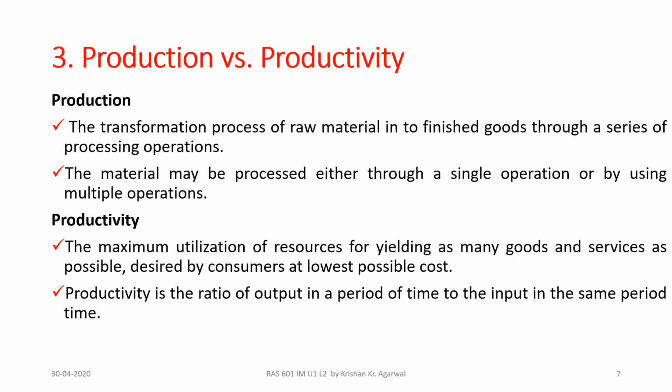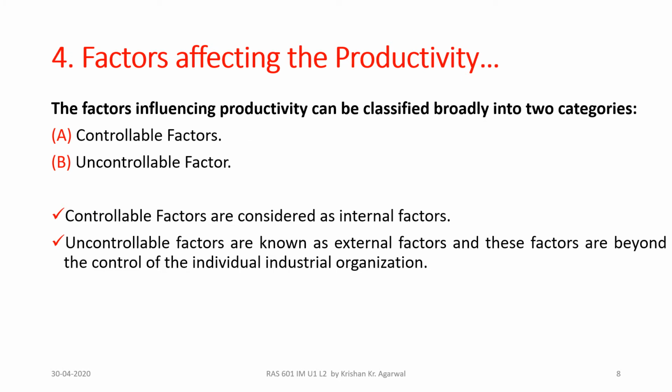And next, we'll see the various factors which affect productivity in the dynamic environment. There are various controllable as well as uncontrollable factors which affect the productivity of the product or the service.